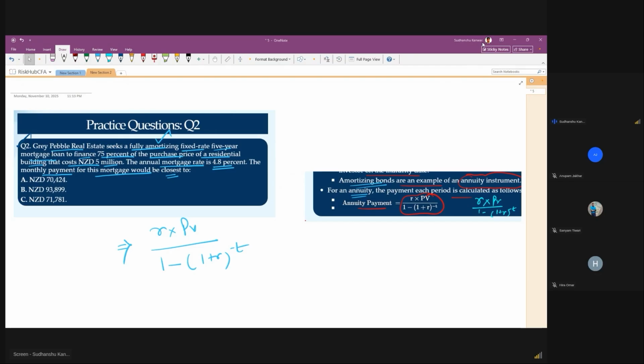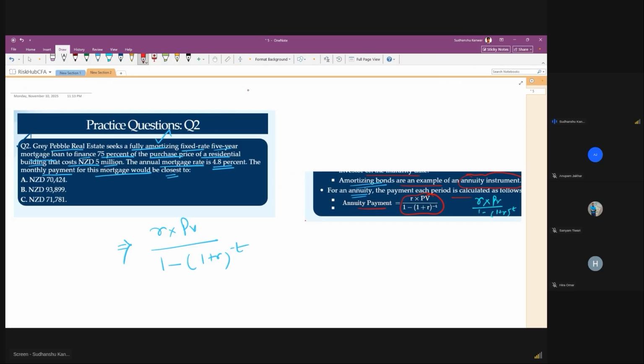PV is very interesting. How do I find the PV in this particular case? If you read the question, it says this real estate company seeks a fully amortizing fixed rate 5-year mortgage loan to finance 75% of the purchase price of a residential property that costs 5 million.